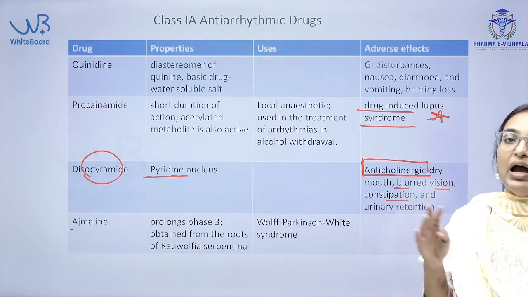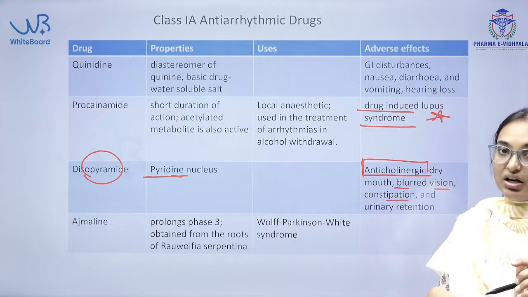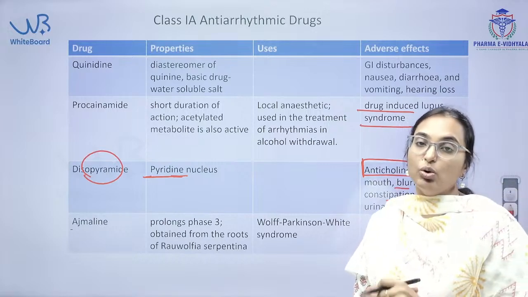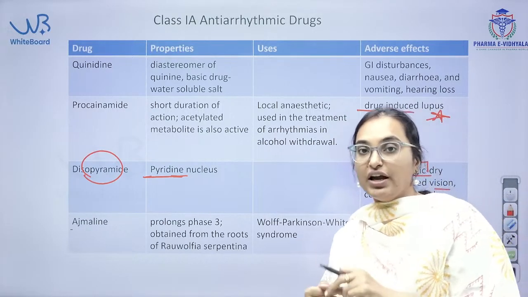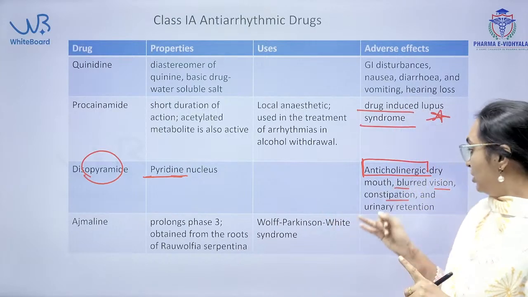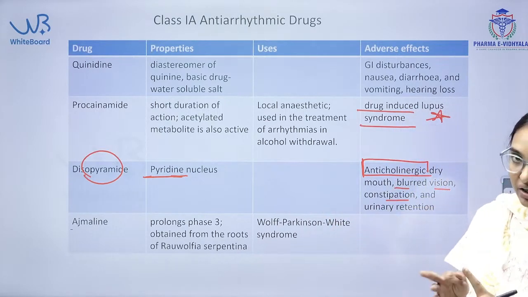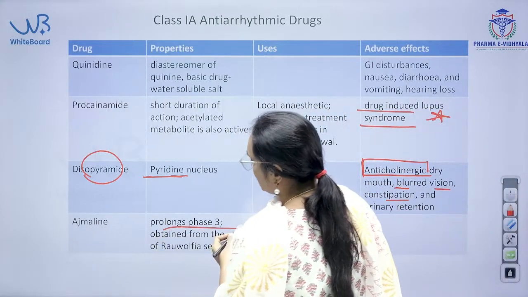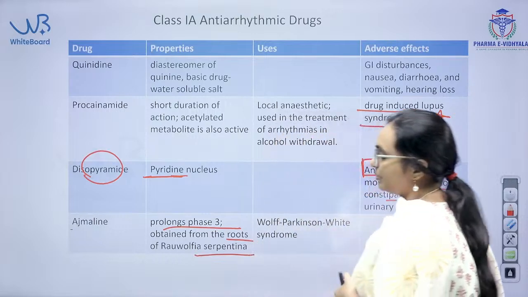These four are anticholinergic side effects seen with disopyramide. Next, ajmaline. Ajmaline prolongs phase 3 and is obtained from the roots of Rauwolfia serpentina.